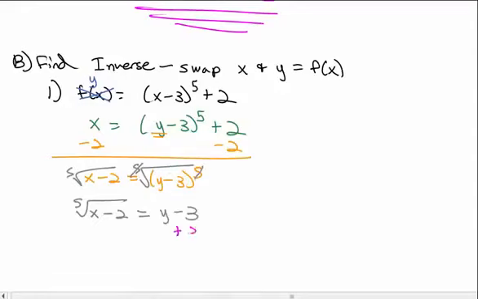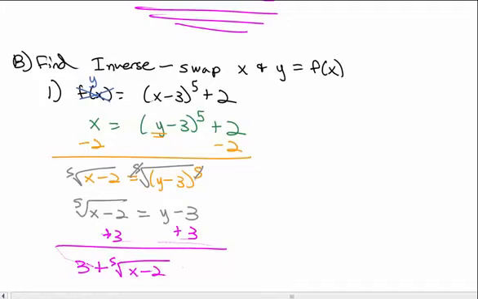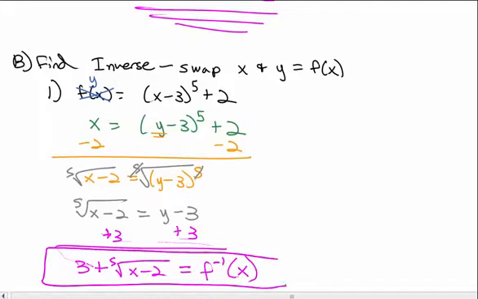And finally get the y alone by adding 3 to both sides. And we get 3 plus the 5th root of x minus 2 equals y. Or since it's alone, we'll say now that is our f inverse function.